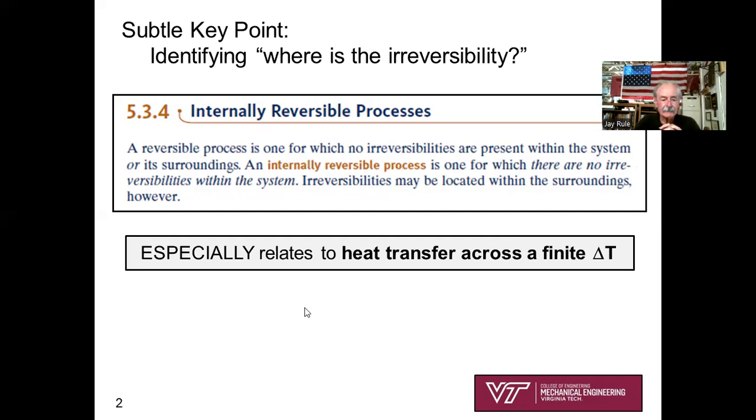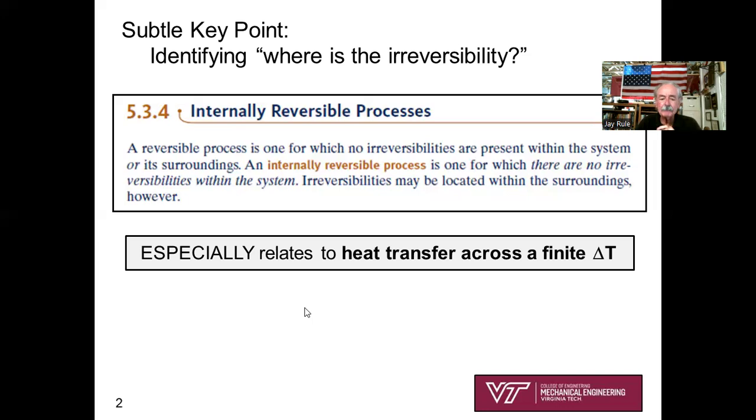It does talk about a process where there are no irreversibilities present within the system. Probably what's going to come to your mind is, okay, I think I got that. There's no friction within the system. That makes sense, right? No unrestrained expansion within the system. Got it.